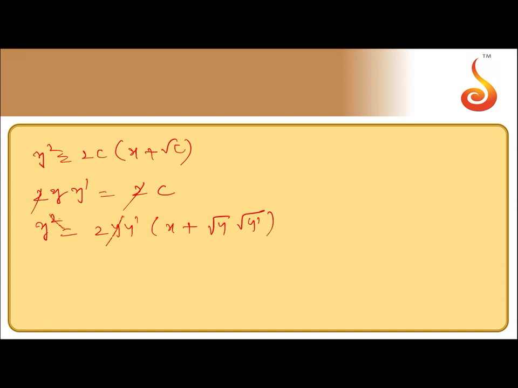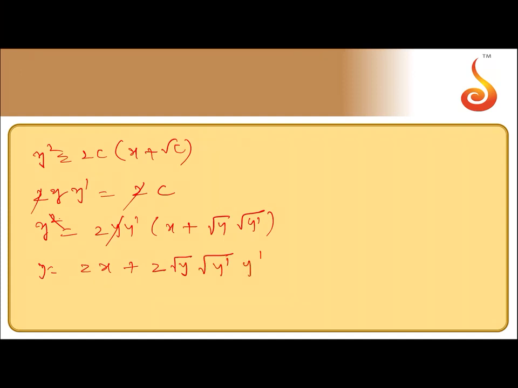By eliminating this one, you are going to have y multiplied by this one. So you will be getting y is equal to 2x y dash plus 2 multiplied by root y into root y dash.